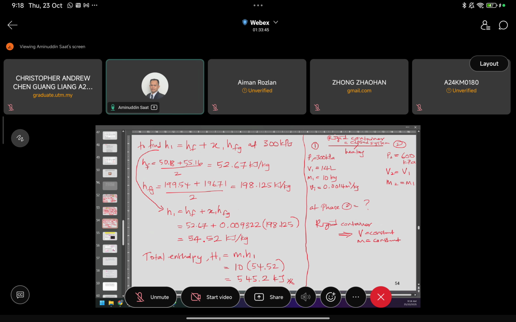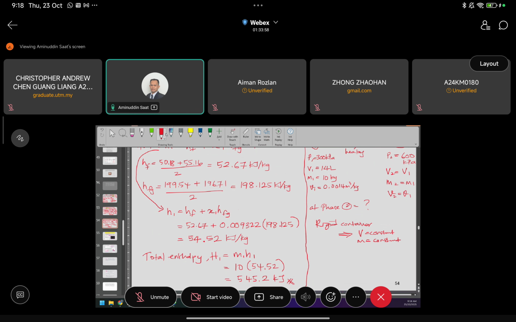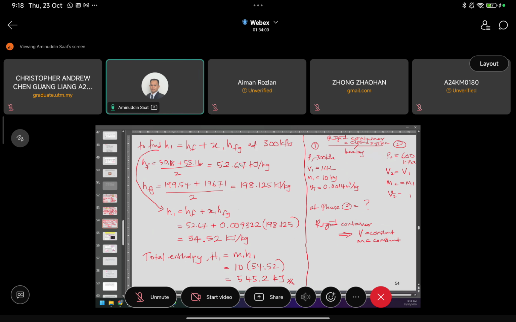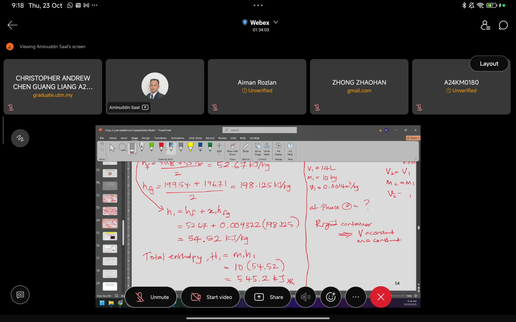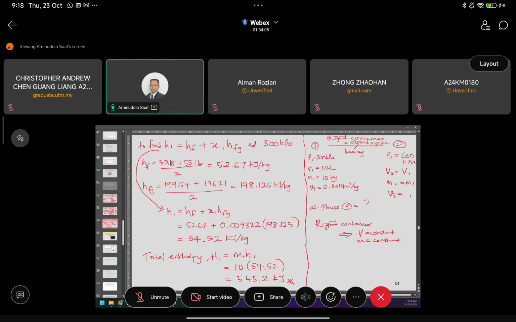So basically the specific volume 2 will be equal to specific volume 1, which is 0.0014 meter cube per kilogram.